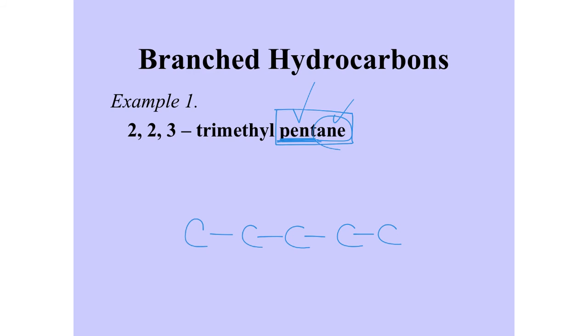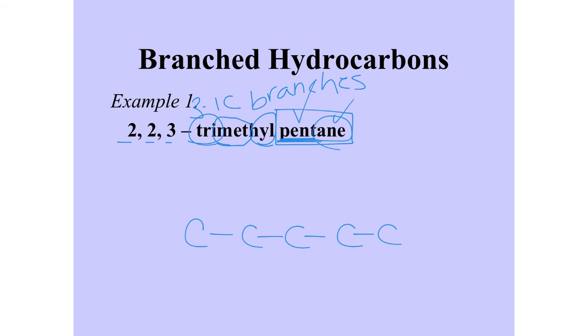Now I start moving through the rest of the name. YL tells me that I have a branch. Meth tells me how many carbons are in my branch. So I have branches that are 1 carbon long. Tri tells me that I have 3 1-carbon branches.